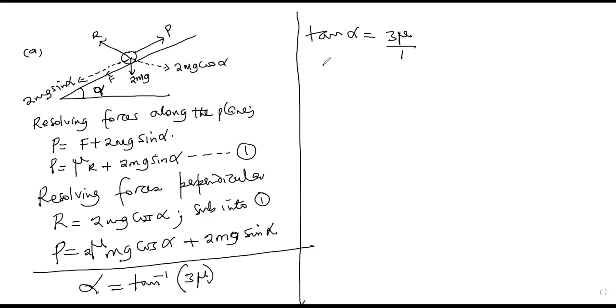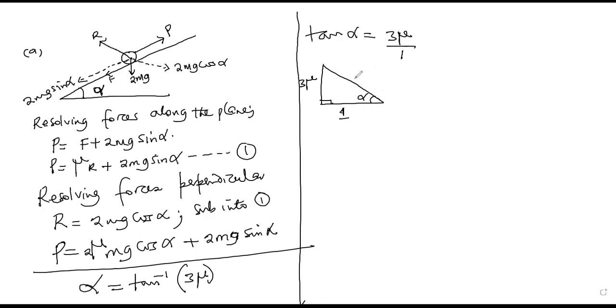So you can draw a simple triangle to see what the others are equal to. If this is my alpha, tan alpha is 3 mu, so the opposite is 3 mu and the adjacent is 1.